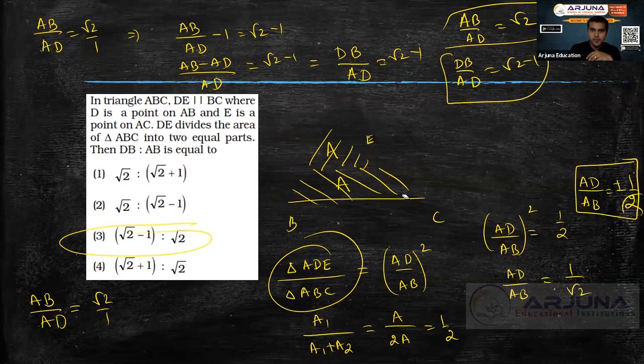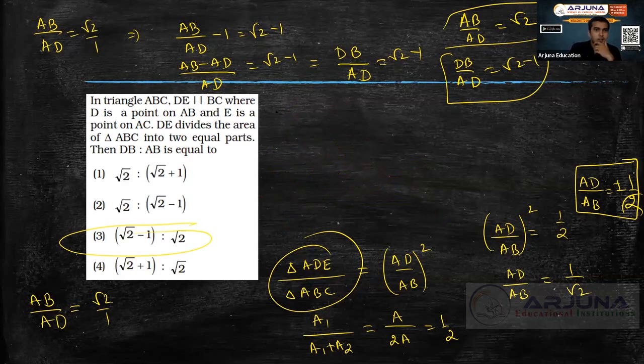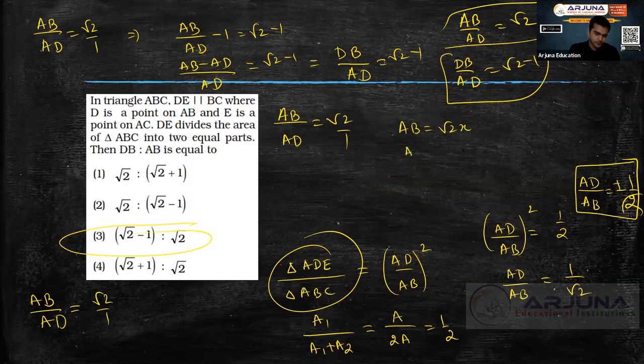No sir, B. Really? Okay, let us see. AB divided by AD is equal to what? Root 2 by 1. I'll consider AB equal to root 2x, and AD equal to x. So then, what is BD equal to?